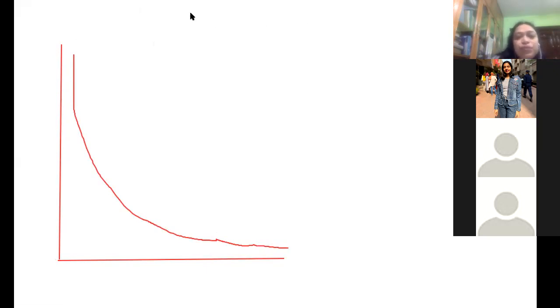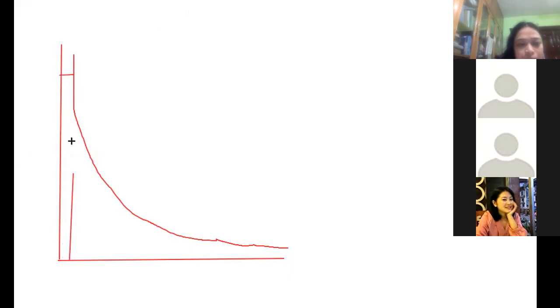Okay, so let's say you're over here. To increase labor by a little bit, you're willing to sacrifice this amount of capital. So look at this.